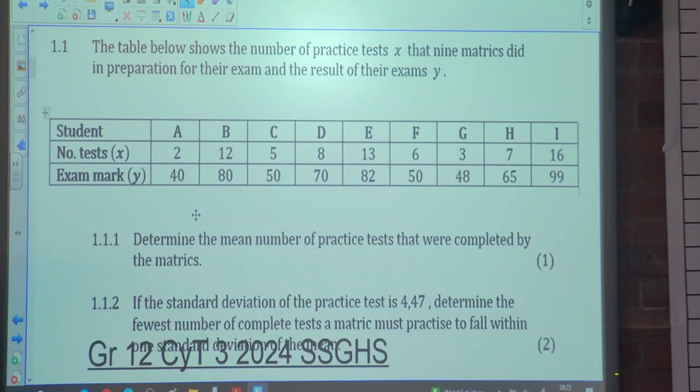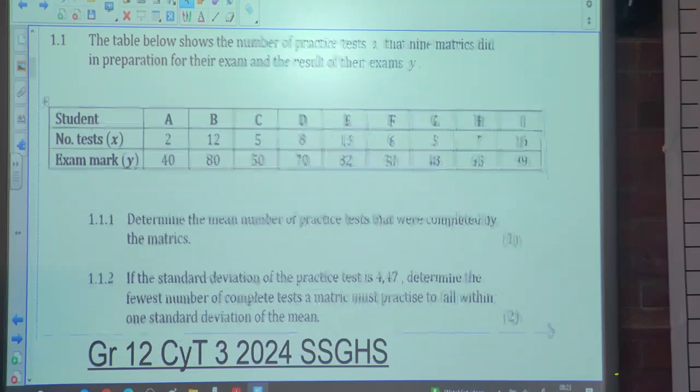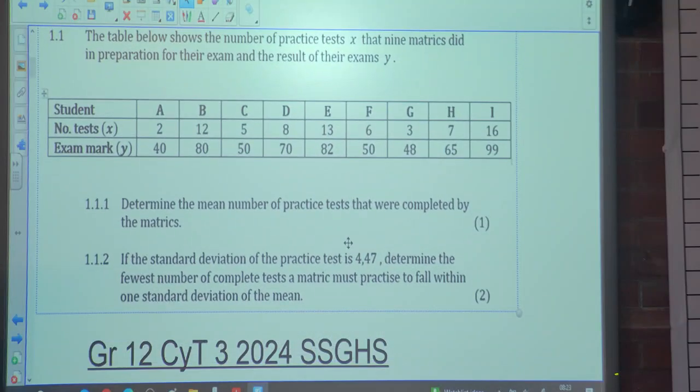So we are told that the table below shows the number of practice tests that 9 matrics did in preparation for the exam and the results of the exam. And this is how it works. The more you practice, the higher your mark is.